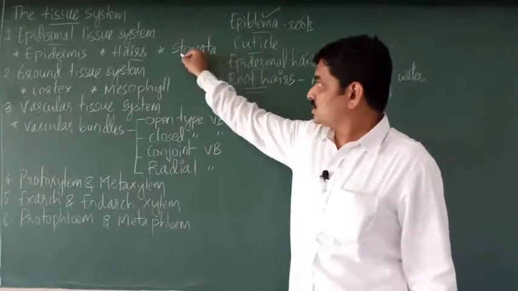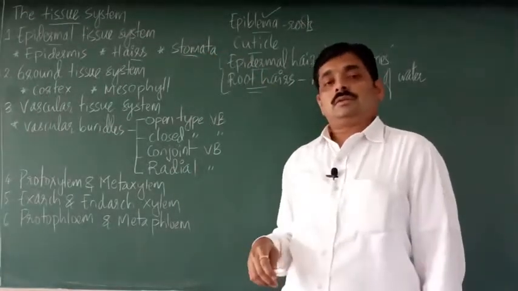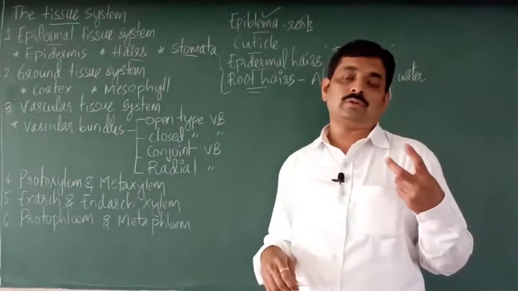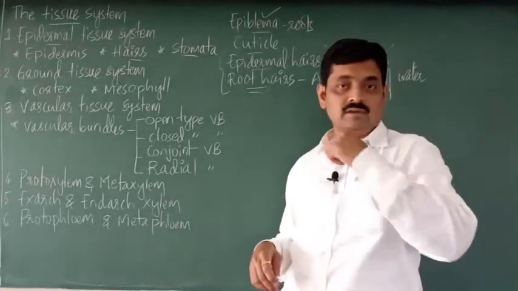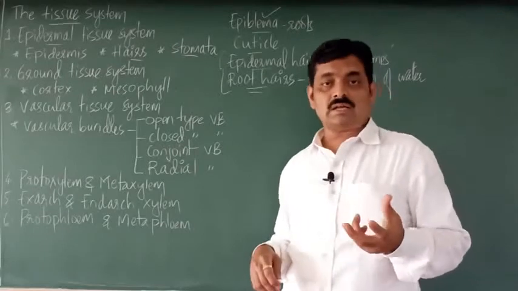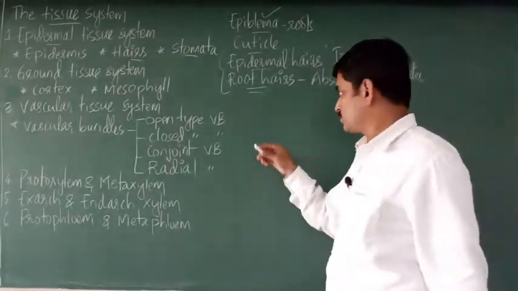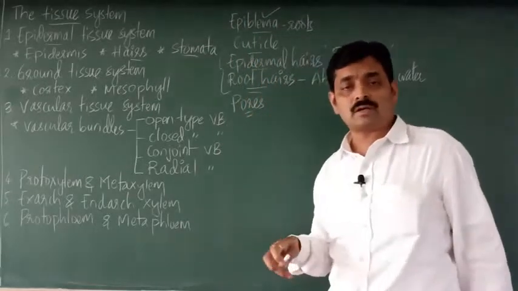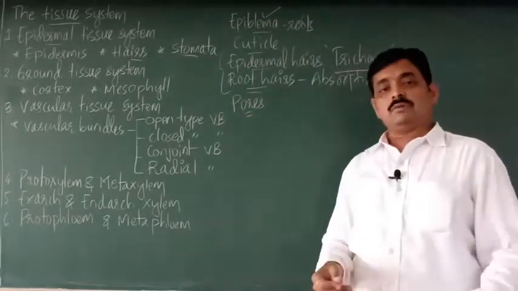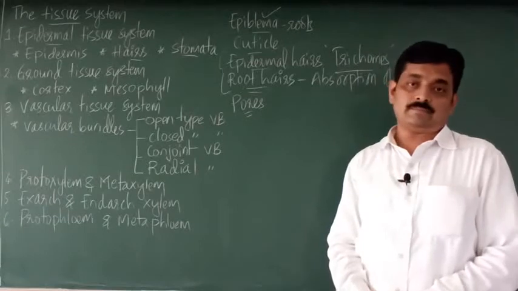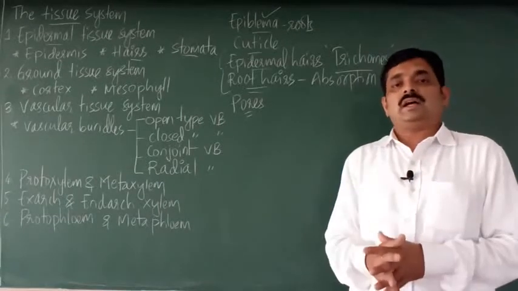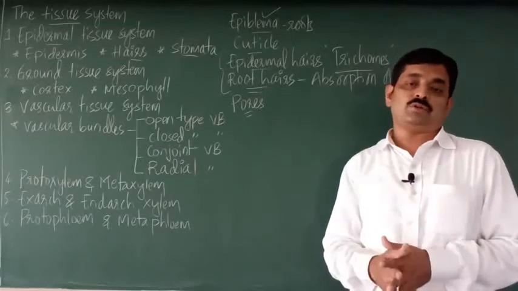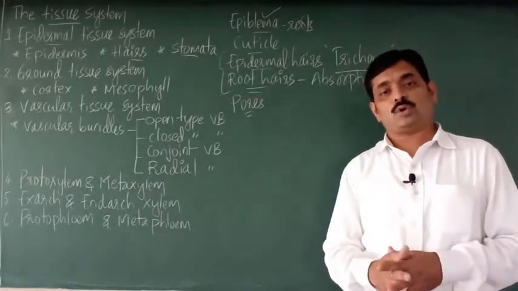The next is the stomata. On the epidermis of leaves, there are small microscopic pores which are called stomata. Stomata are involved in transpiration, that is loss of water.